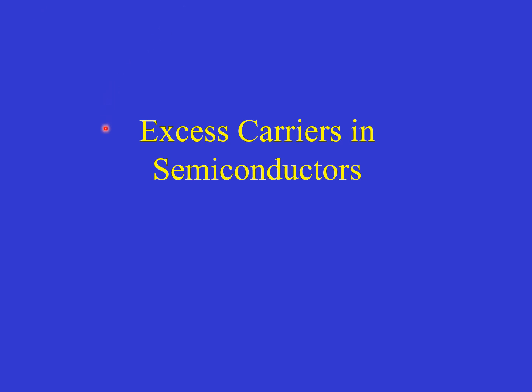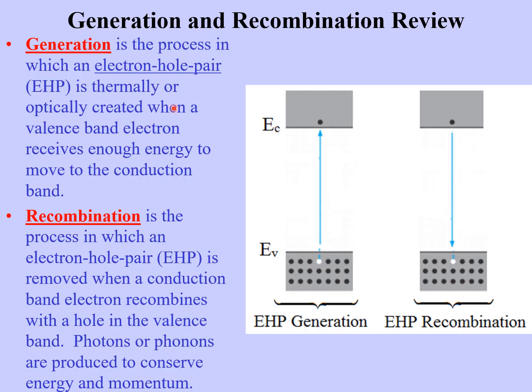Okay, let's now shift gears and talk about excess carriers in semiconductors. Just a quick review: remember in part 1, we learned about two processes called generation and recombination. Generation is the process in which an electron-hole pair is created by thermal or optical energy, where one of these electrons down here in the valence band jumps up into the conduction band.